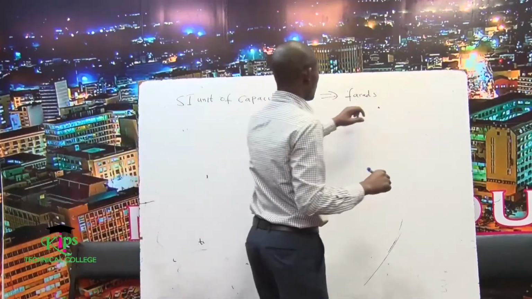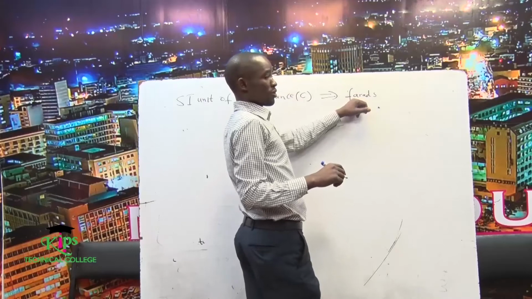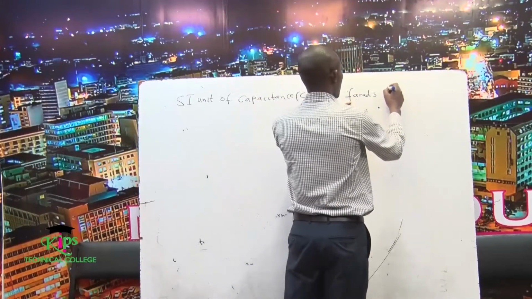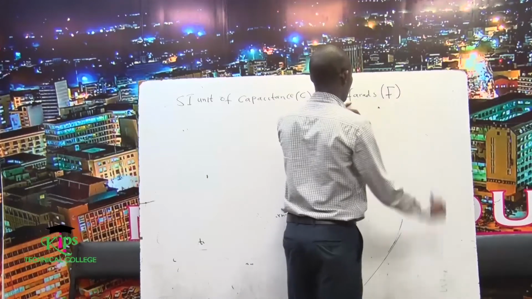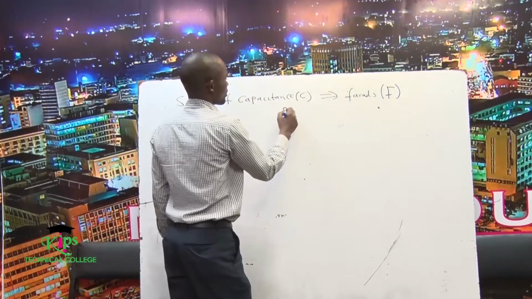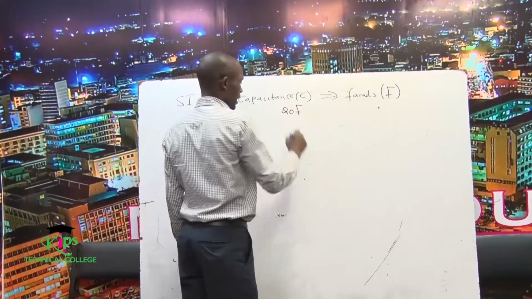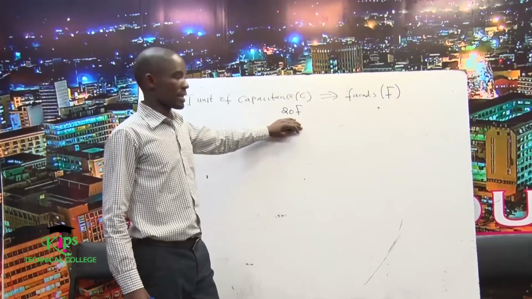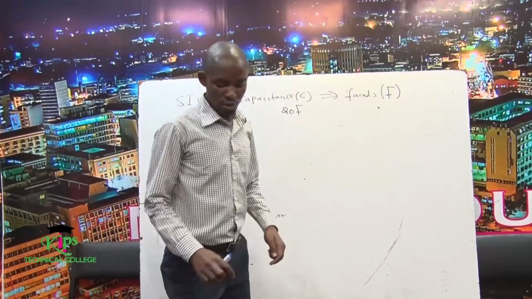I said if you are writing the full word, the first letter should be a small letter, but if you want to denote it, you'll use capital F. So you will find you are given 20 F. 20 F means these are 20 farads.